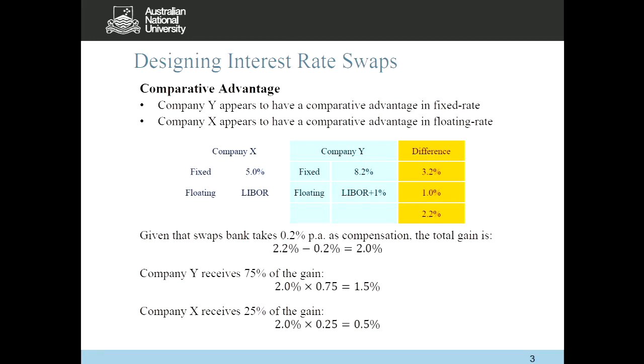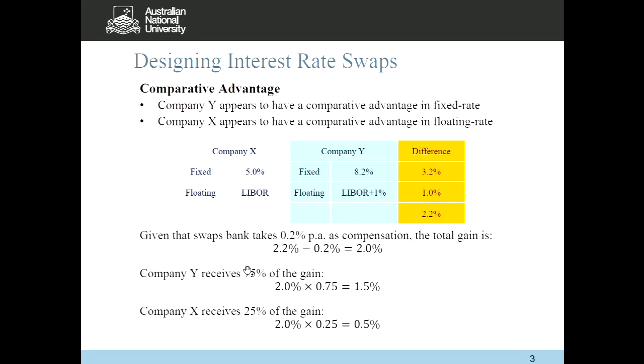All right, if that's the case, then we'll work out the difference in the difference, which is 3.2 minus 1%, so 2.2% gain. But one thing is that the swap bank is going to take a 20 basis point cut, so we'll have to take out that 20 basis points. So we're left with 2% to play around with.